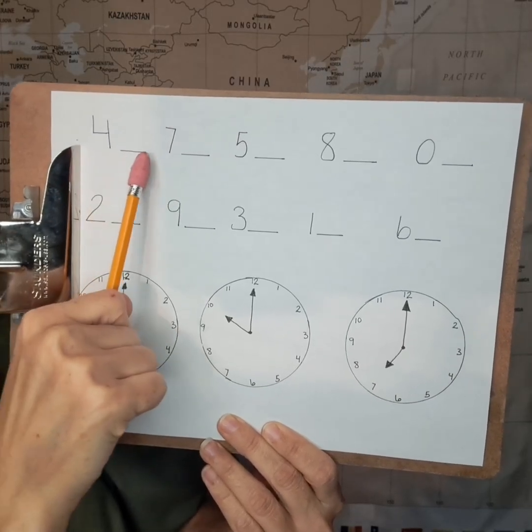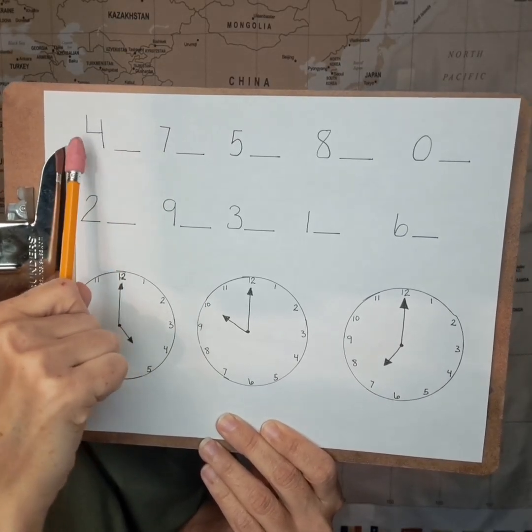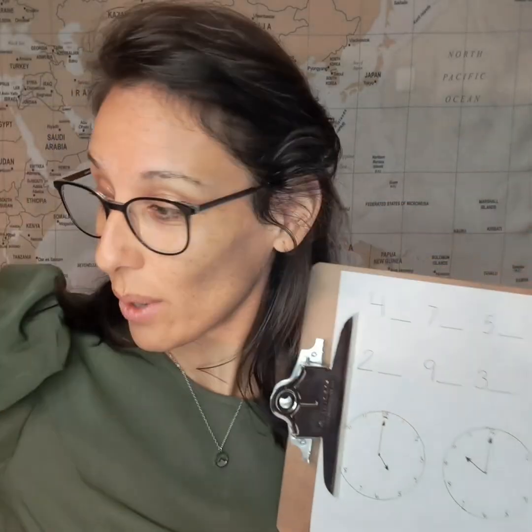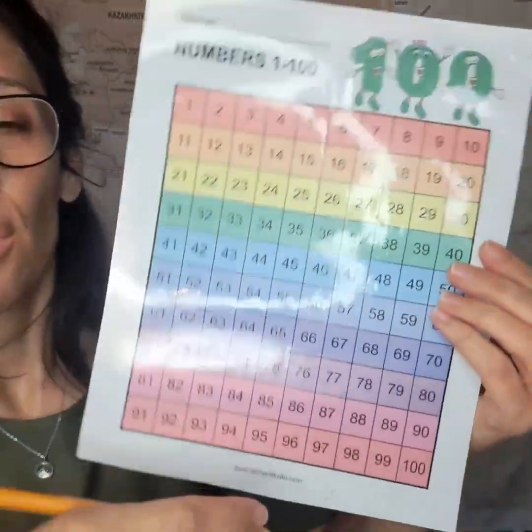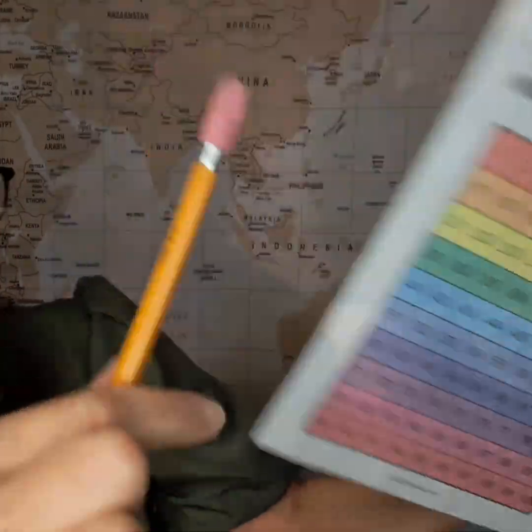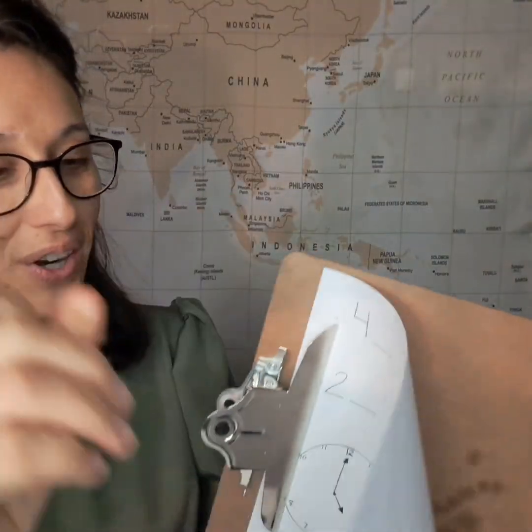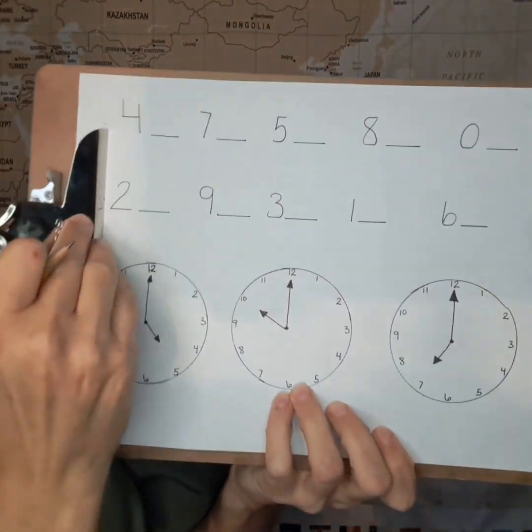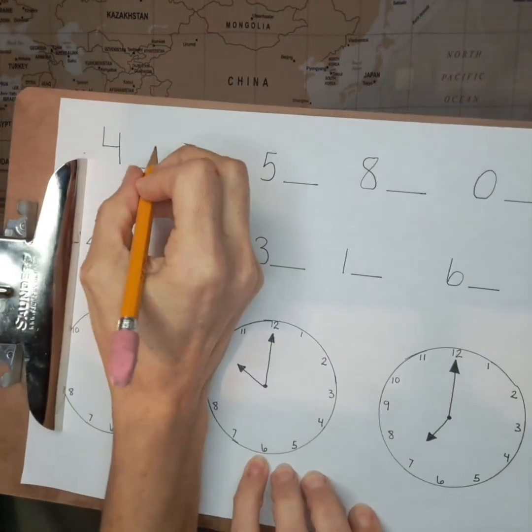What number comes after 4? If you don't know, you can always look at your chart. Let me grab mine. What number comes after 4? 5. 5 comes after 4. So I will put a 5 there.